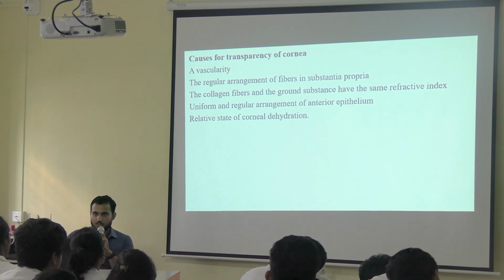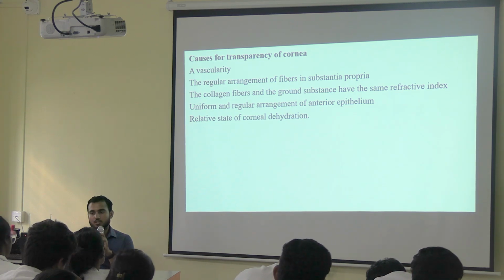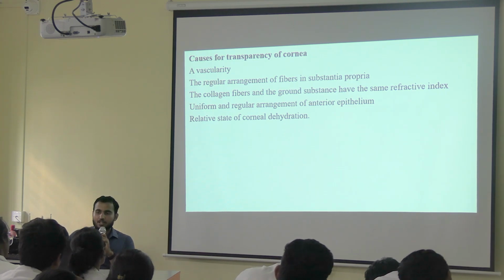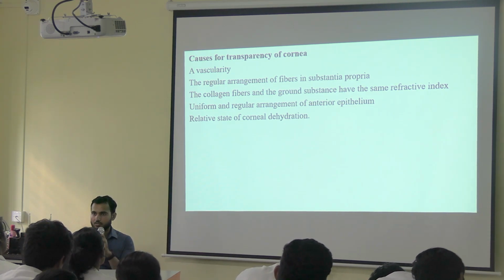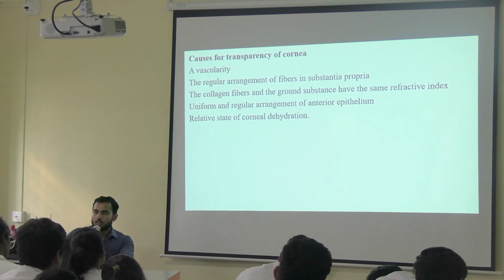Next, uniform and regular arrangement of the anterior epithelium and the relative state of corneal dehydration, which is maintained by the endothelium. That's why the cornea is transparent in nature.